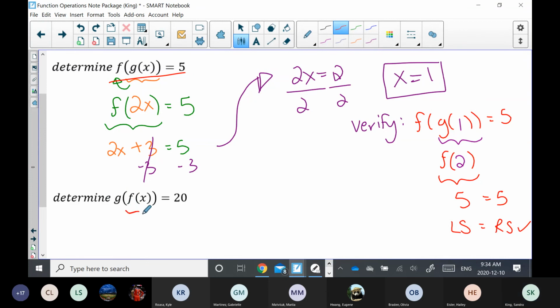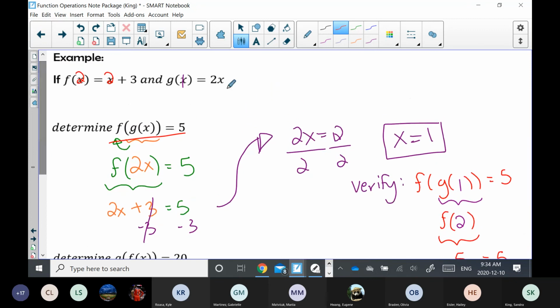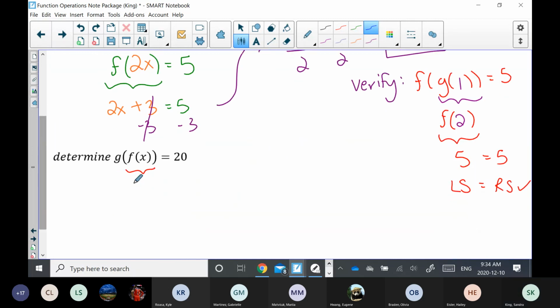Okay. Take a minute and write in f of x. So find what f of x is. So f of x is x plus 3.